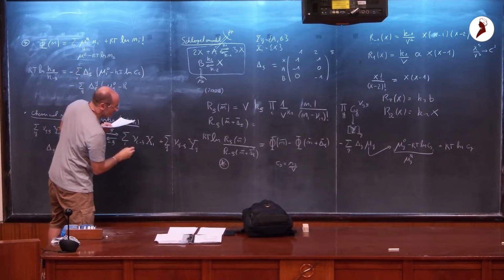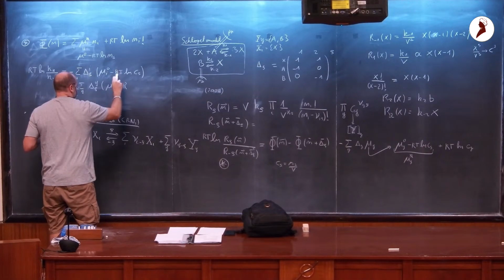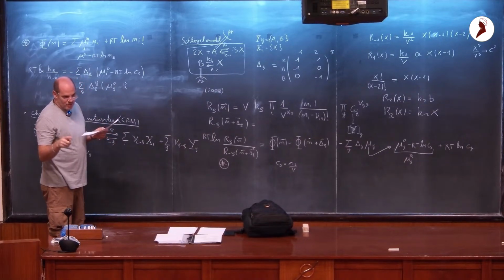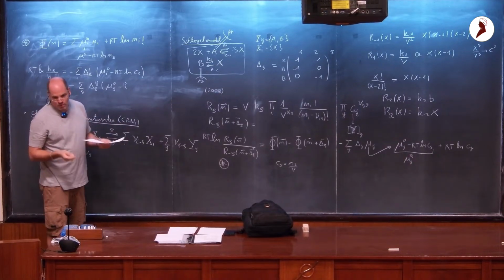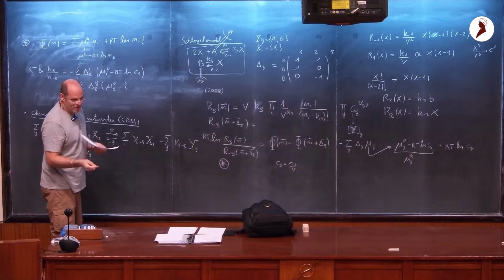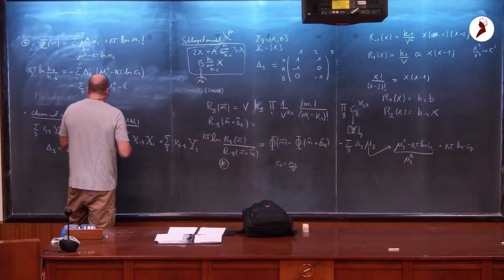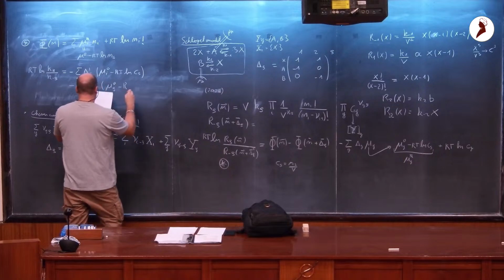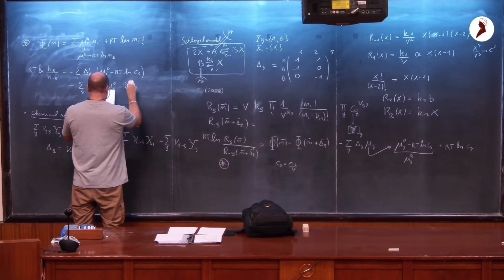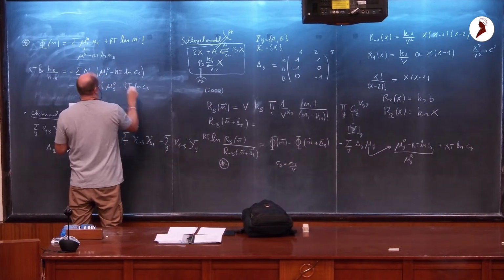Sometimes I'm writing R and sometimes K. This is because chemists usually write R. It's simply the Avogadro number times k that is equal to R. So it depends on whether you use moles or molecules. If you use number of molecules, it's k. If you use number of moles, it's R. What I was saying, RT log C_S. Yes, here we go.